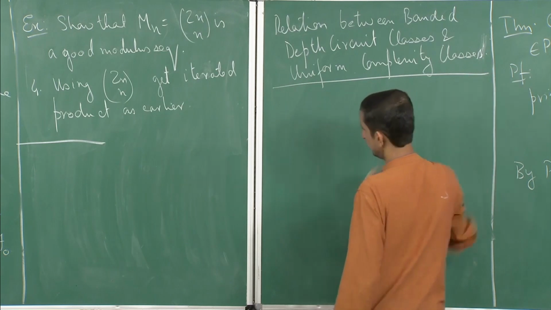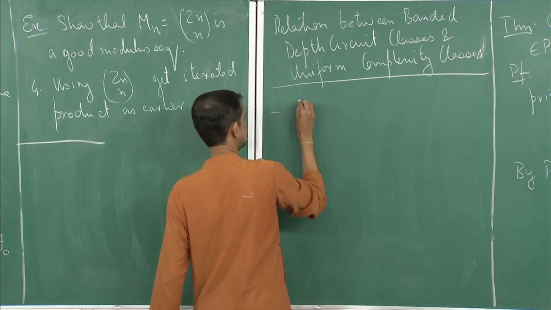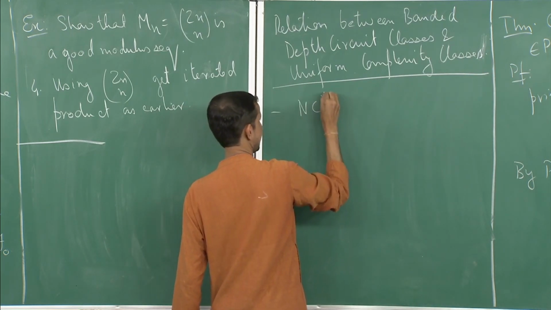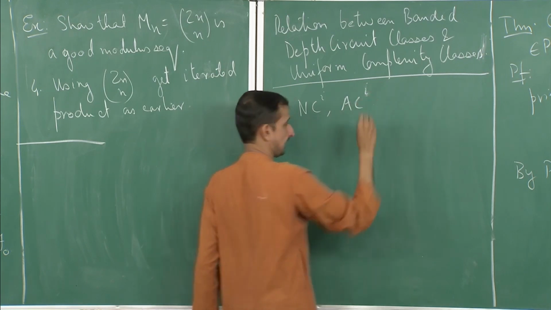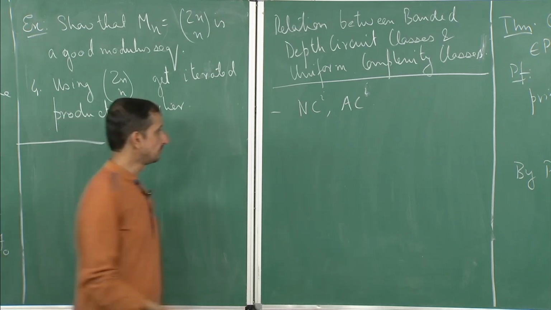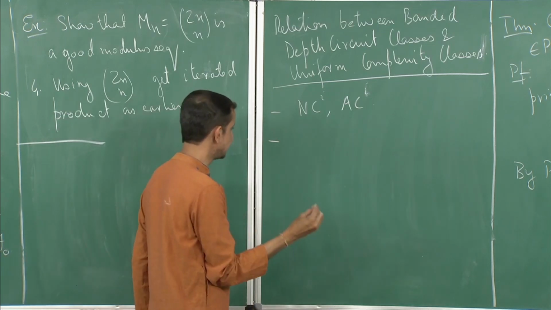Okay. So we have seen these classes NCI, ACI and so on, and we have also seen the following results.